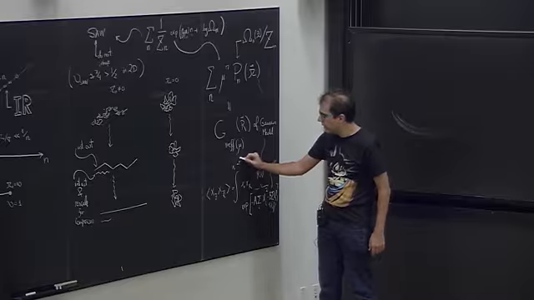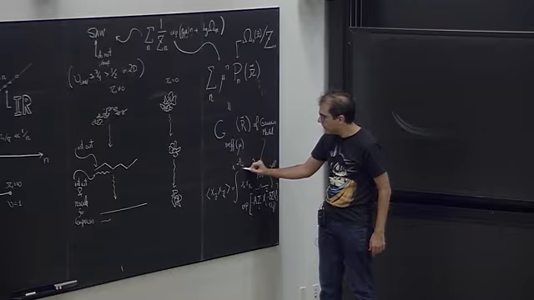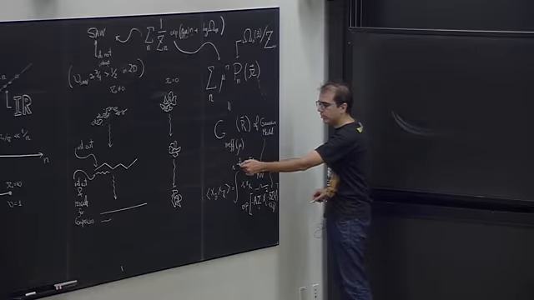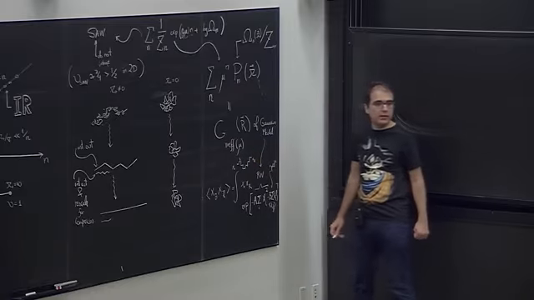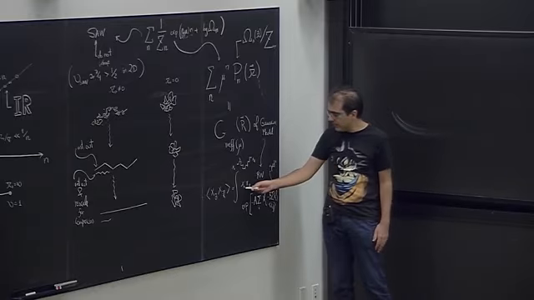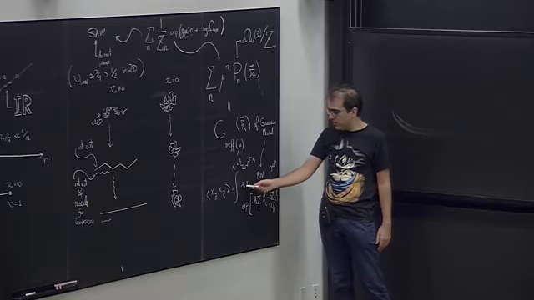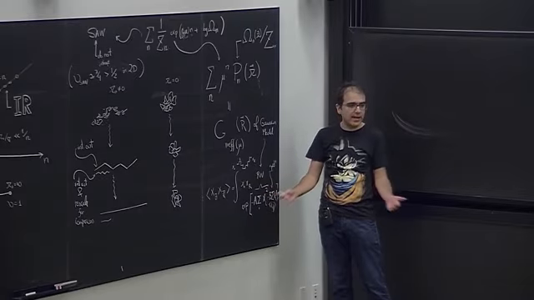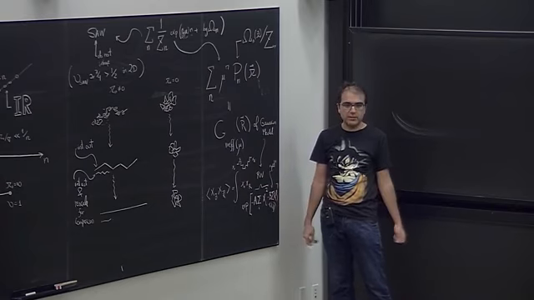We need to bring down a bunch of b's that connect all the way x0 and xr. Otherwise, because I'm integrating an even function, the integral over x0 is 0, the integral over xr is 0, and the integral over any xi of an odd power of xi is 0.